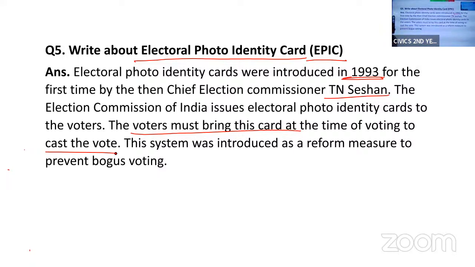Why was this voter identity card introduced? It was a reform, a measure to prevent bogus voting, false voting. To prevent false voting, this card was issued to all the eligible citizens. And this system was introduced in 1993.